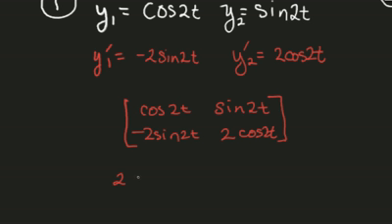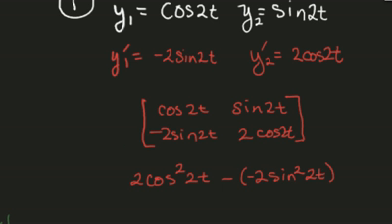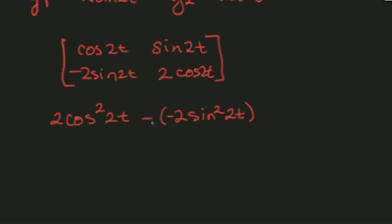So this times this, minus a negative 2 sine squared 2t. And if we simplify that a little bit, we can change that to a 2 plus, factor out the 2.